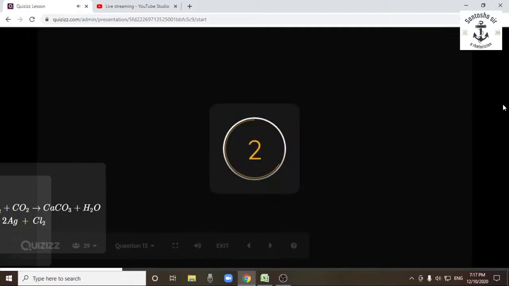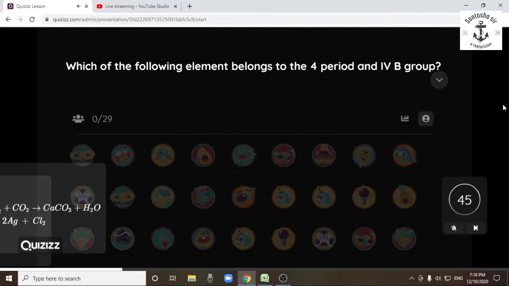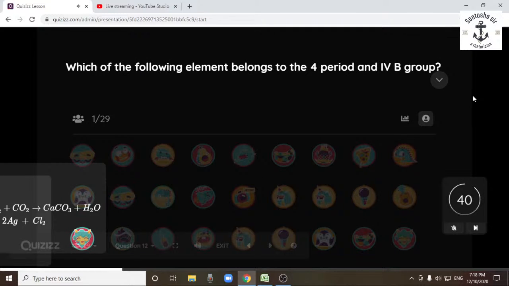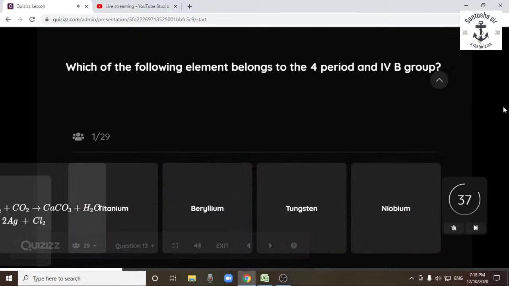Question number 12. Which of the following elements belongs to the 4th period and 4B group? Seconds. 10 seconds.